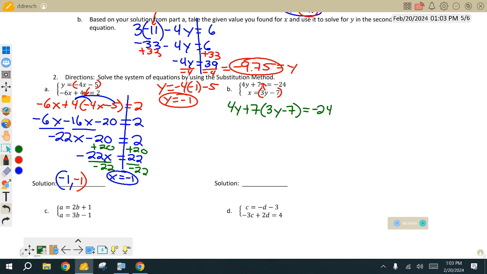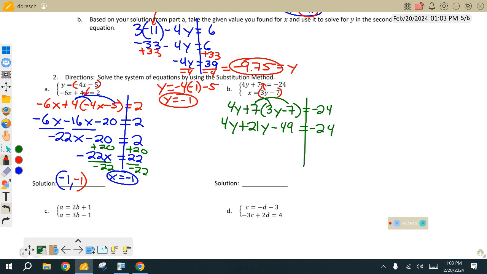What are we going to do next? There you go. Go with your distribution property. Check with your calculator. 4y drops down. Use that calculator of yours. 7 times 3y. 7 times -7. Cool.